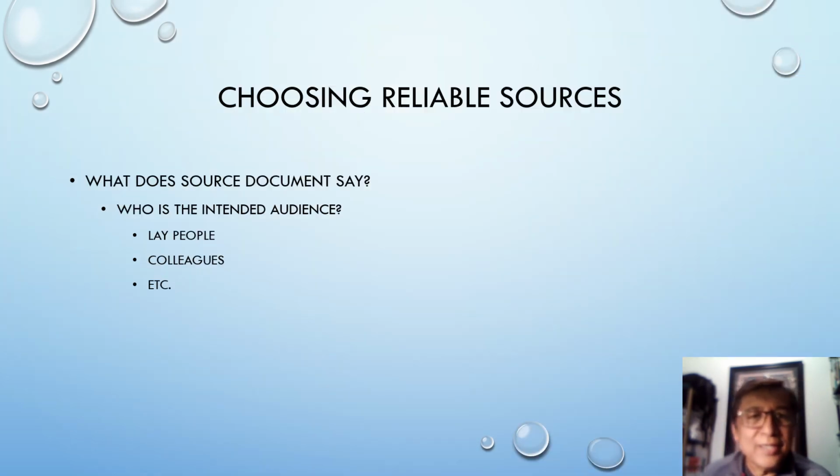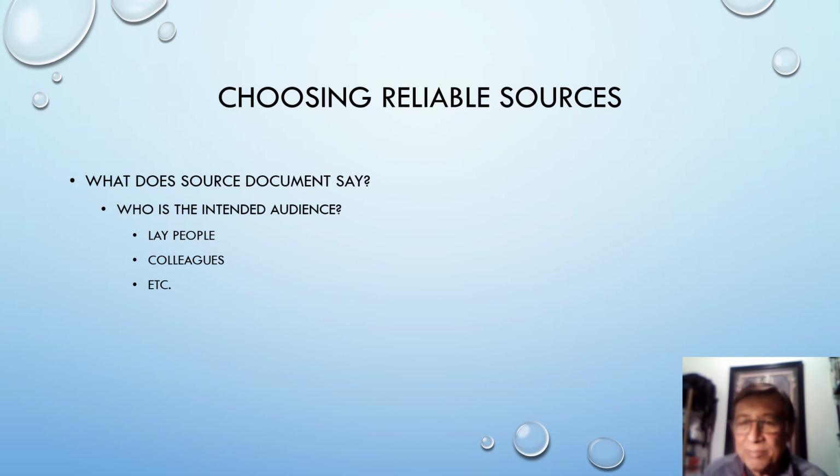Okay, another thing we want to ask as far as the quality of the document itself: what does the source document actually say? And for this, we have to ask who's the intended audience. Are these for lay people in the subject or discipline, like you and I, if we're looking up viruses or whatever, or is this source document written for colleagues?